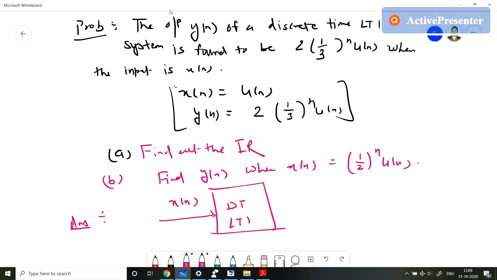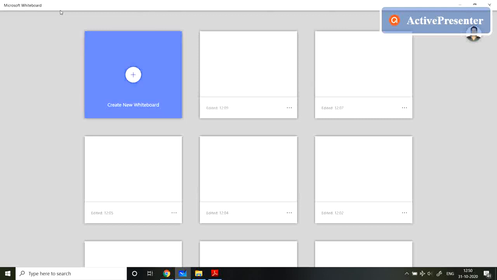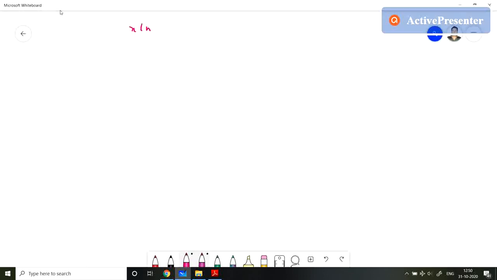The input is x[n], the impulse response is h[n], then the output is y[n]. So x[n] is u[n] in this LTI system, and h[n] is equal to (1 by 3) raised to the power n u[n]. Now in this type of system we can find y[n].